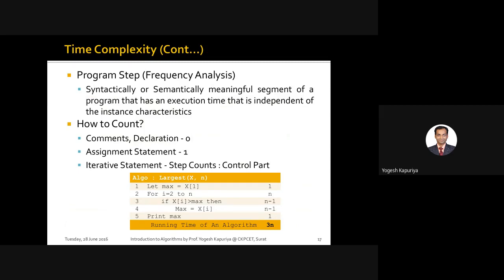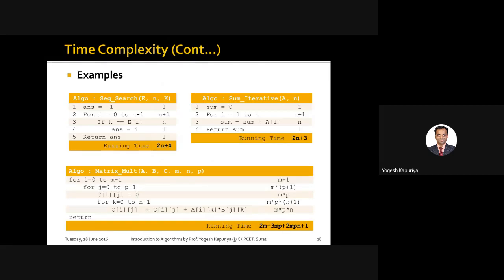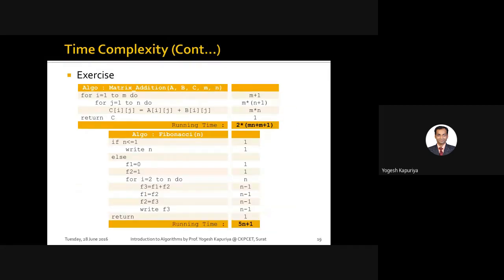If you see this particular algorithm, largest, then the total step count we have achieved is 3n. So that is linear. And observe that there is one for loop. Then let us say this one, matrix addition. The total step count which we have got is 2 into mn plus m plus 1. Now mn is basically a quadratic equation.